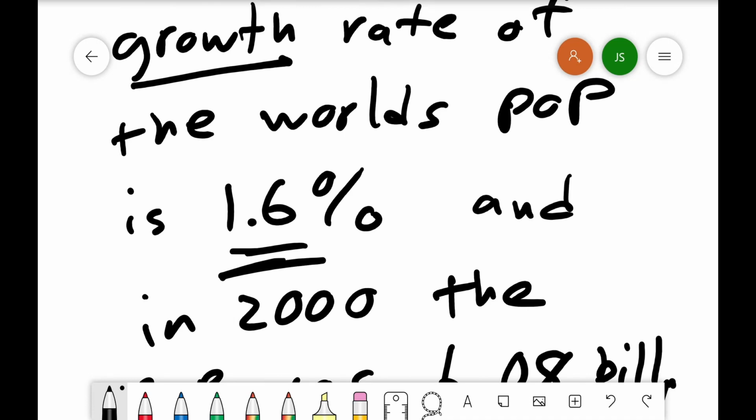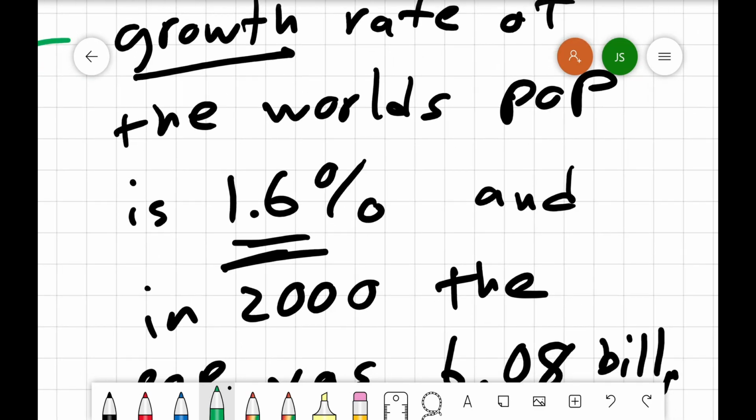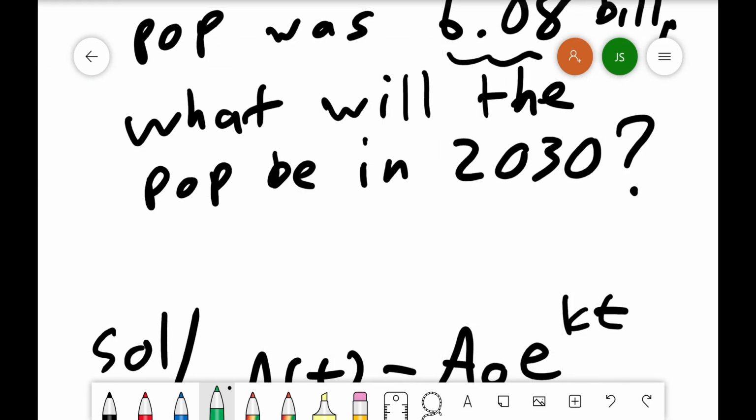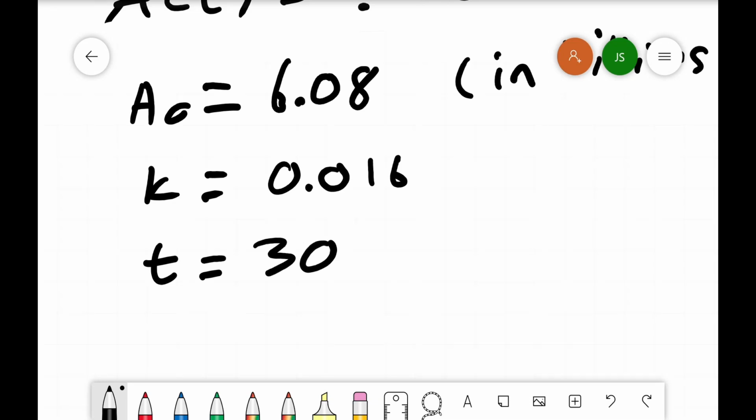So the word growth is telling you to use a positive number, and 1.6%, we're going to turn that into a decimal version of percents. So it's positive 0.016. And then t, again, we figured that out before, it was 30 years.